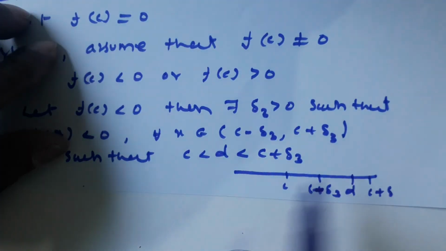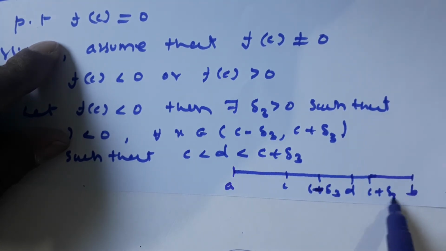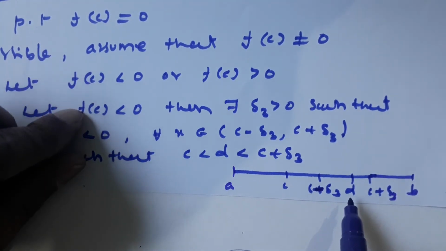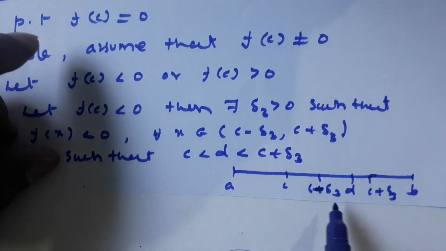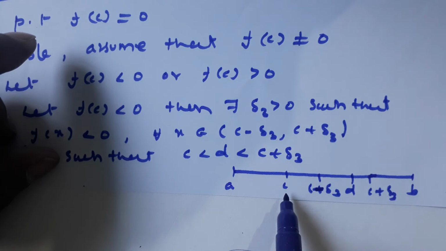C is here. This is the closed interval A comma B. D is to be in between them, between C minus delta 3 and C plus delta 3, and this is C.